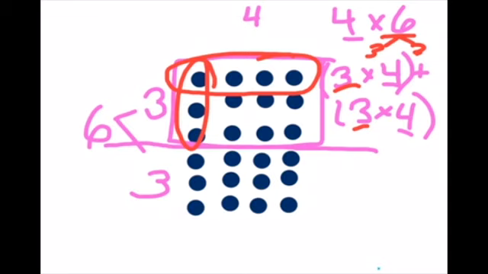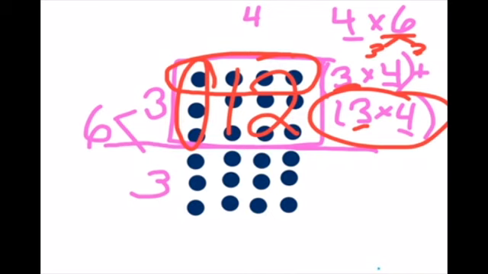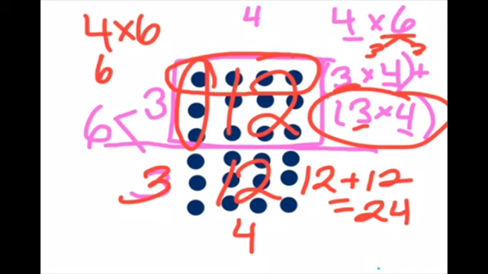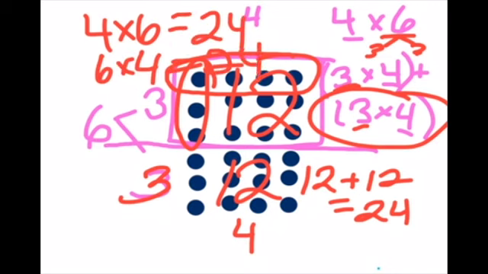Well, I know that that's 12. And then I already did this step, right? Because this was a 3 times 4, and we know that is 12. So 12 plus 12 is 24, which means 4 times 6, or 6 times 4, is 24.